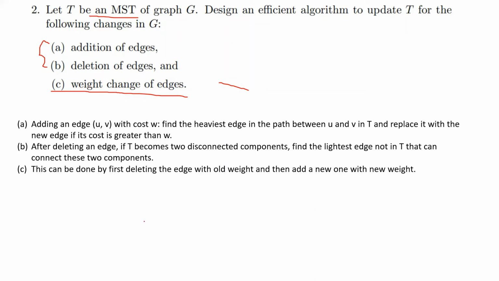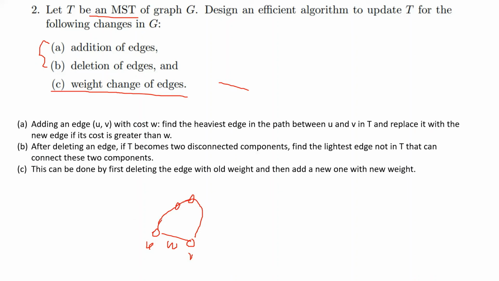For A, if you have this edge (u, v), and its weight is W, you have to first find the path in the MST between node u and v, and you need to check the heaviest edge on the path.